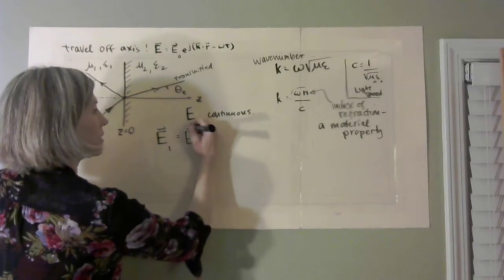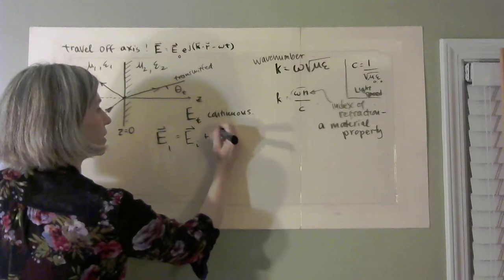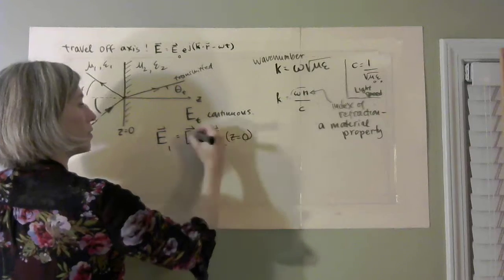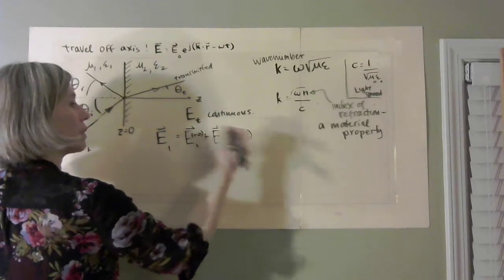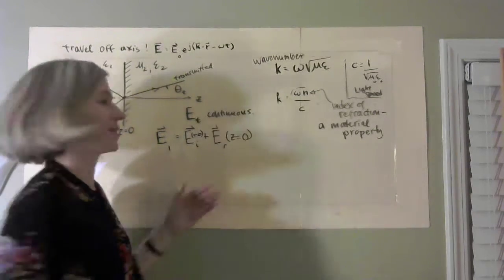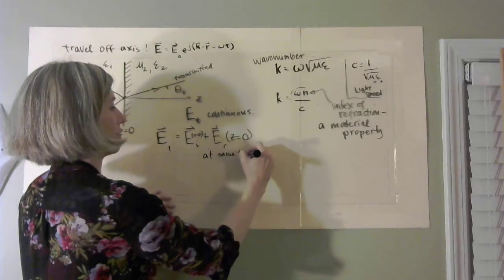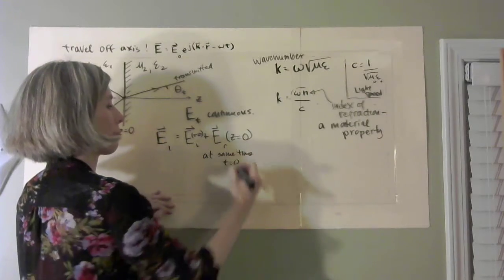E incident plus E reflected at z equals 0. And of course, at the same time, might as well say t equals 0.